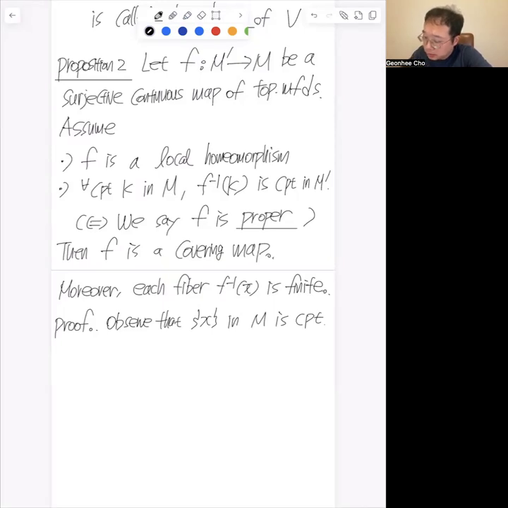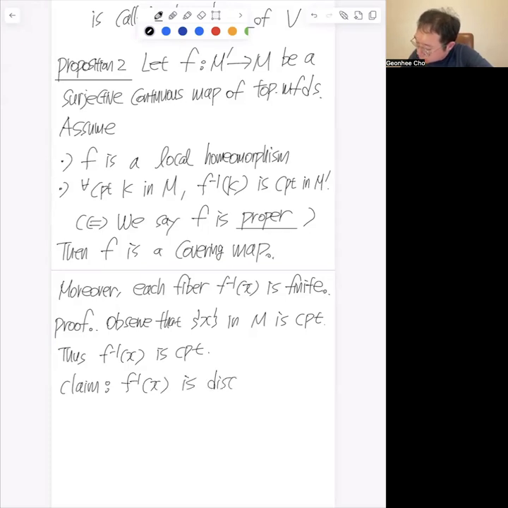And by the assumption, this inverse image must be compact. So we'd like to claim this fiber must be discrete. Why should it be discrete?